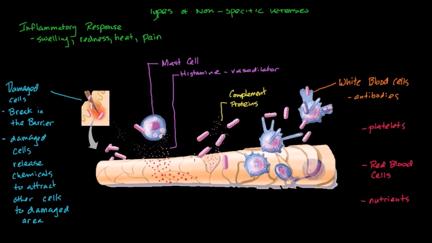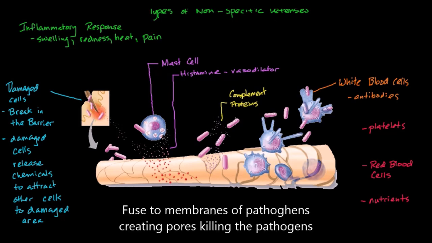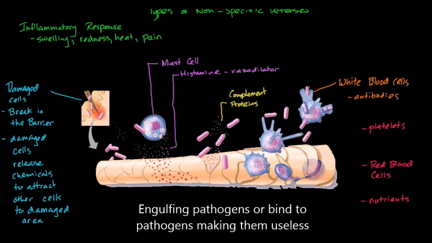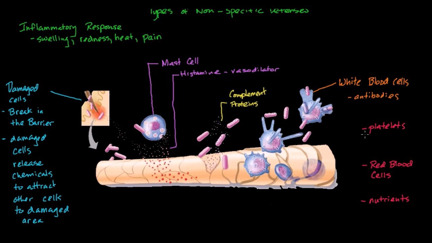So as each substance leaks out of the blood capillary, each one takes on their own responsibilities or roles in the inflammatory response. Complement proteins will begin to fuse to membranes of the pathogens, creating pores, killing the pathogens. And white blood cells and antibodies will begin either engulfing pathogens if it's a phagocytic cell, or antibodies bind to pathogens, rendering the pathogens useless.